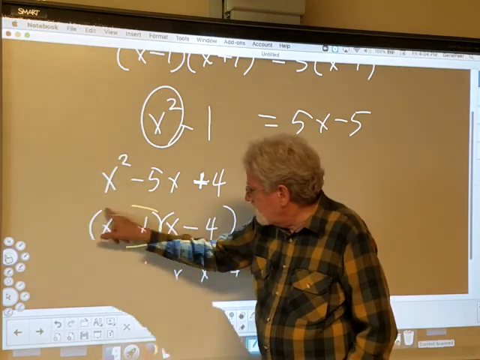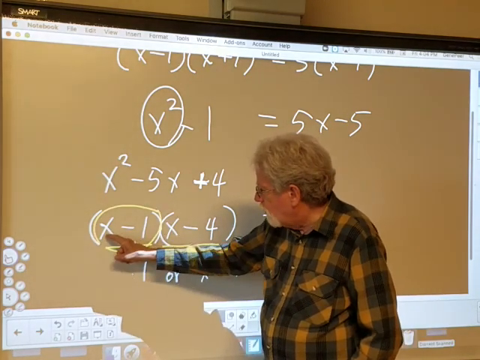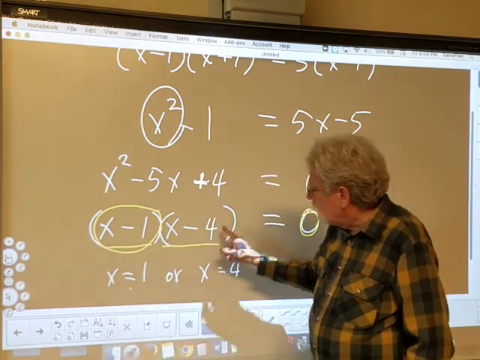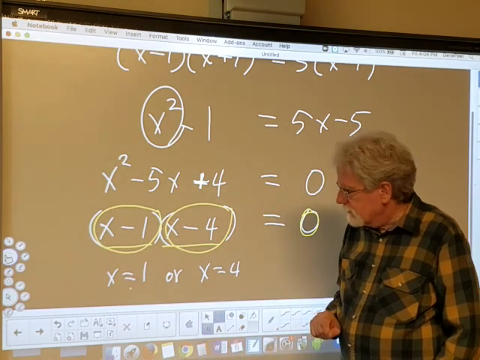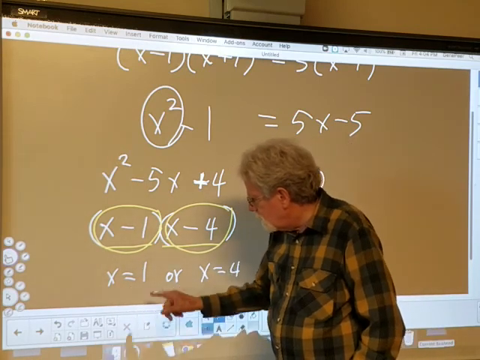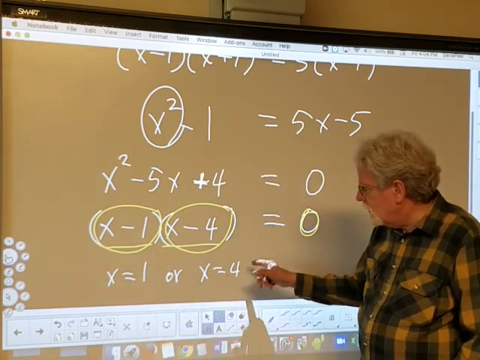What would it take for this to be a 0? If x were a 1. What would it take for this to be a 0? If x were a 4. So we get these two solutions. We get a solution of 1 and a solution of 4.